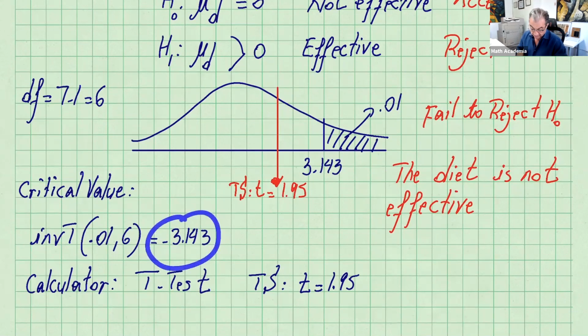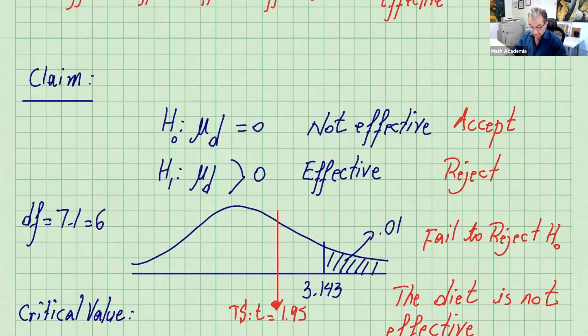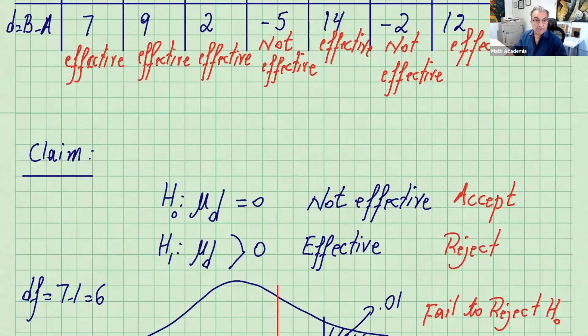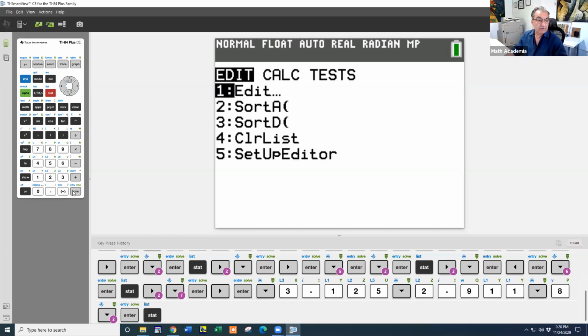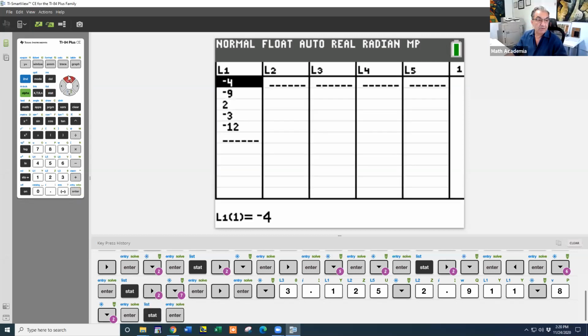With 0.01, you get negative 3.143, but it's a right tail test, so you take the positive one. The test statistic, you can use your calculator. So let's go ahead and use that. The first thing you want to do is put all the differences in L1.